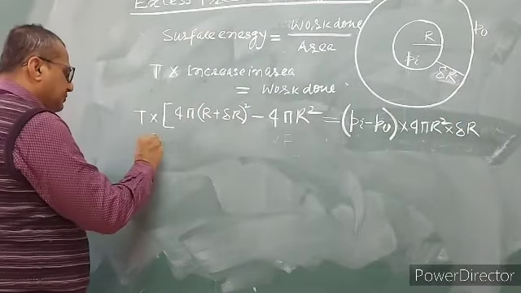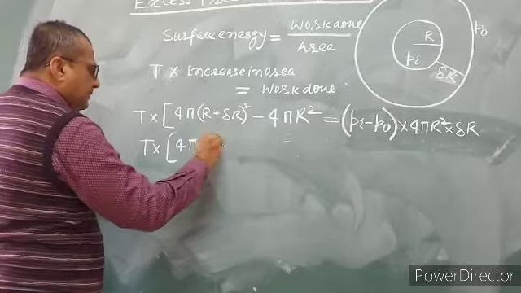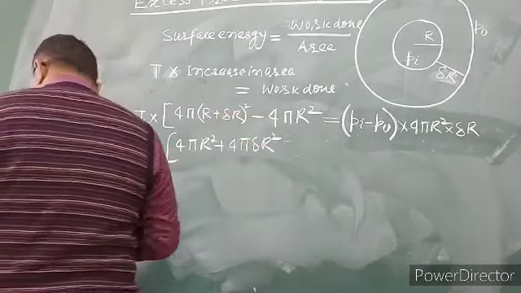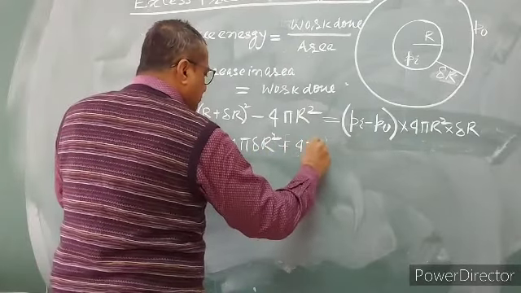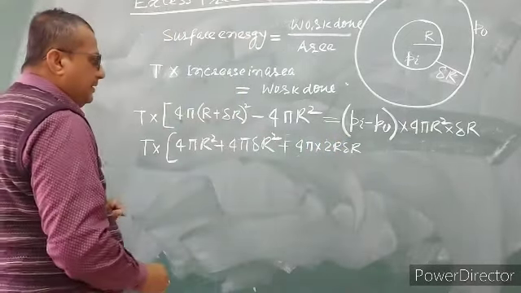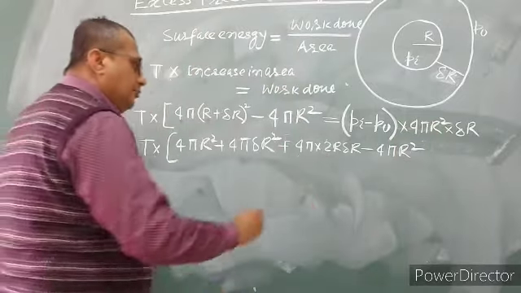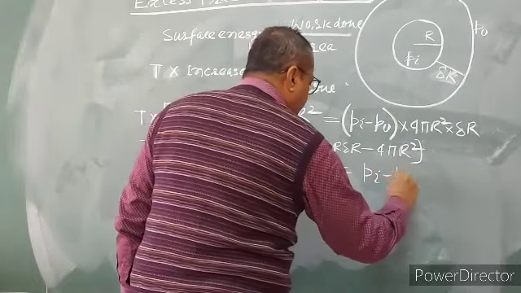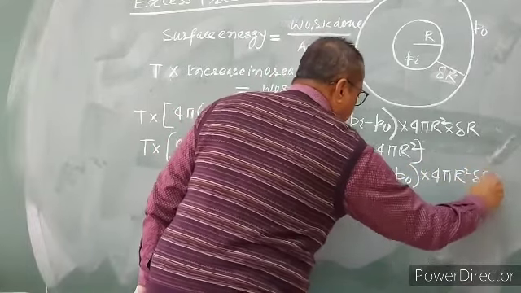Now we can calculate. Using (a plus b) whole square, T into [4 pi r square plus 4 pi delta r square plus 4 pi into 2 r delta r minus 4 pi r square] equals (Pi minus PO) into 4 pi r square into delta r.